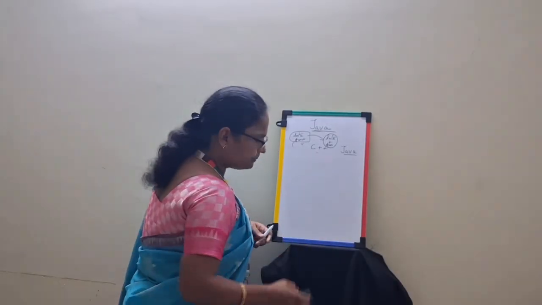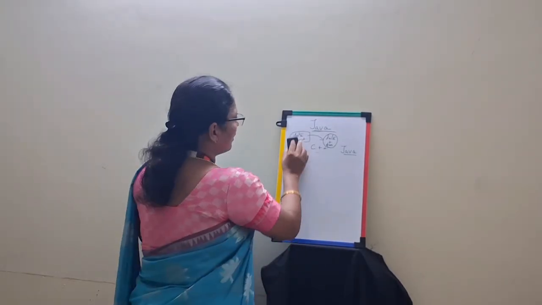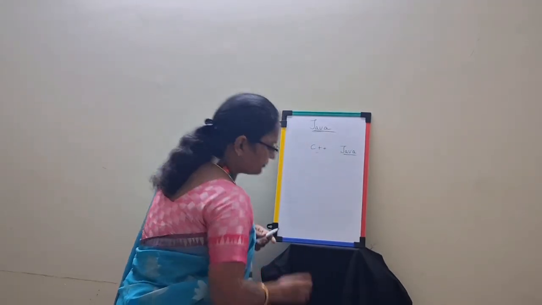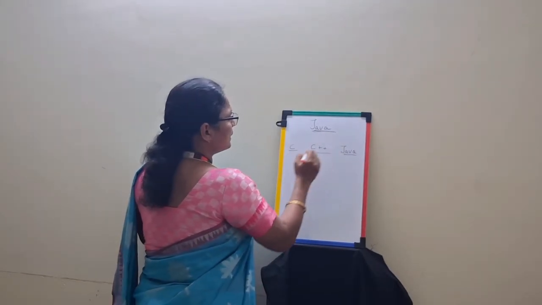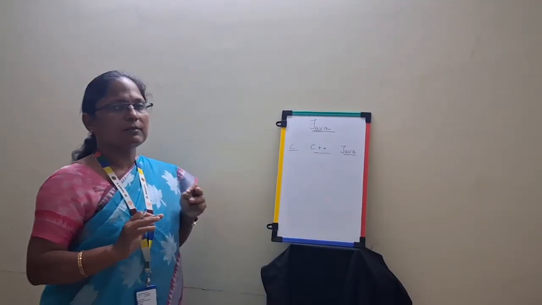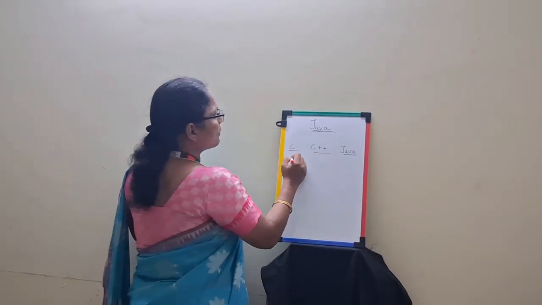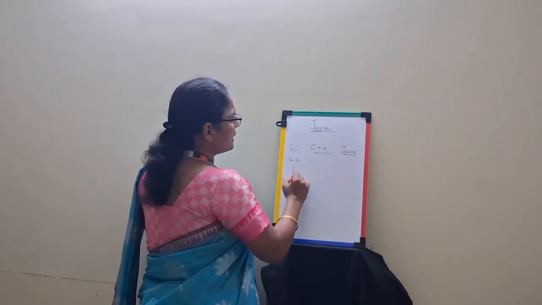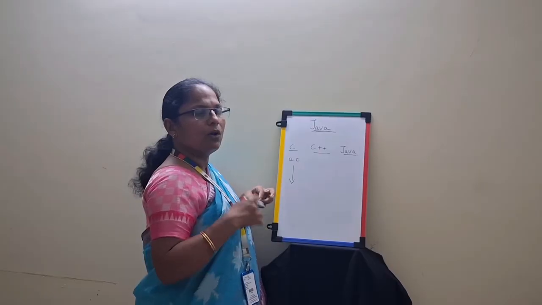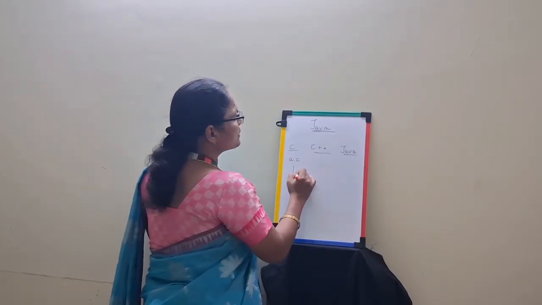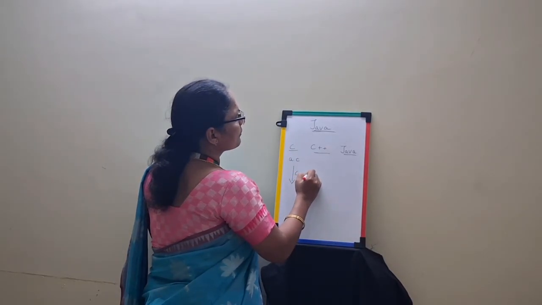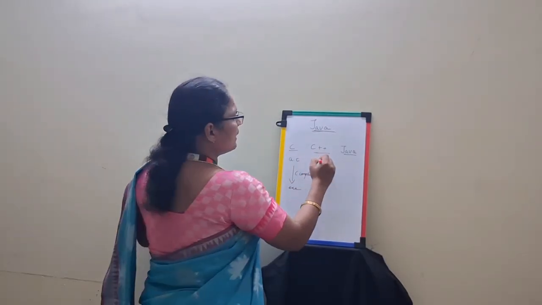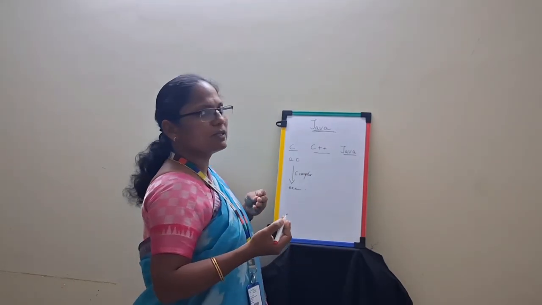See, for example, a C program. Generally we write a C program and save it as, for example, filename dot C. This is my C program. When I want to execute it, what compiler will I be using? I'll be using the C compiler. So this becomes an executable file. Now again in C++, how will I write a C++ program?